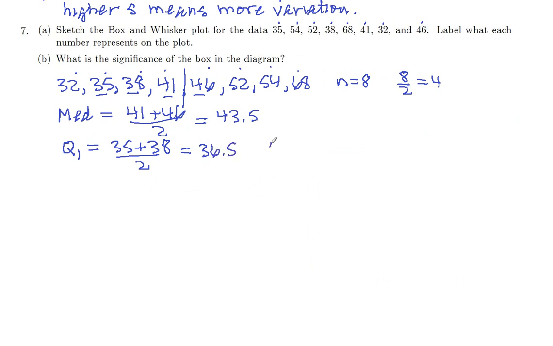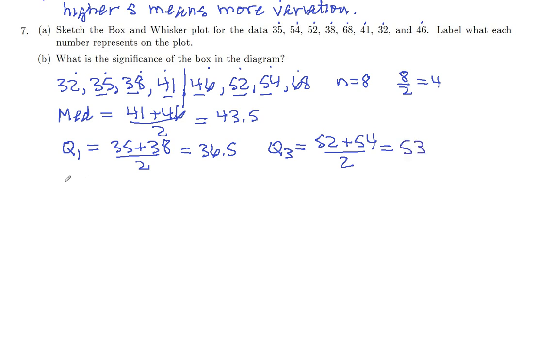And then Q3, the third quartile, that's the median of the upper half. So here's our upper half. It's got two middles, 52 and 54. So halfway between 52 and 54 is going to be 53.